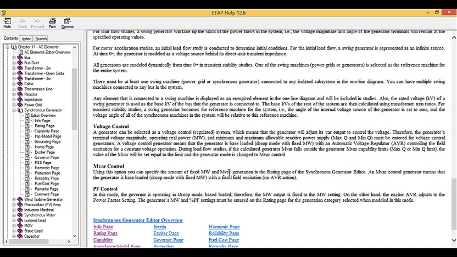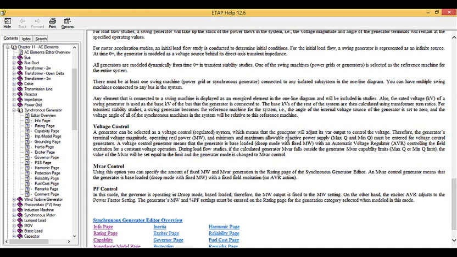That means the reactive as well as active powers are fixed. In power factor control mode, the generator works in droop mode base loaded, therefore output MVA is fixed. The exciter AVR adjusts to the power factor setting. The generator's megawatt and power factor must be entered. That means that the power factor of the generator will remain fixed and reactive power will be adjusted accordingly.